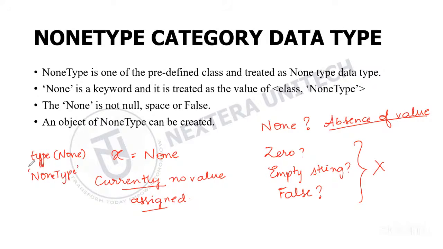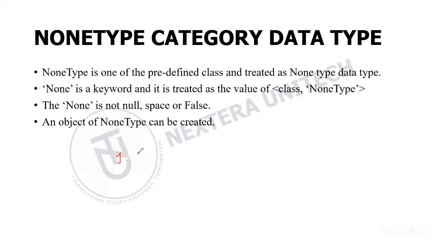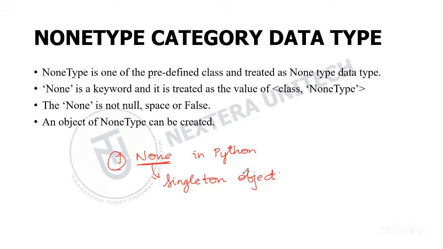That's because there is only one None value in Python. So None is a singleton object. Singleton object means an instance of a class that is limited to a single creation throughout the entire execution of a program. So there will be only one None value, stored in a certain location.